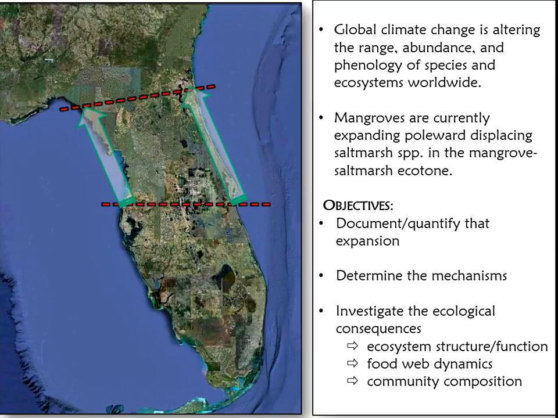I'm working with a whole group of people from remote sensing to modelers to invertebrate ecologists to biogeochemists and plant ecologists to try and focus in on that topic. And we've been working on this now for the past 4 years, and the project is funded by the National Science Foundation and NASA and is due to come to an end next June, but I feel like we've just gotten started.